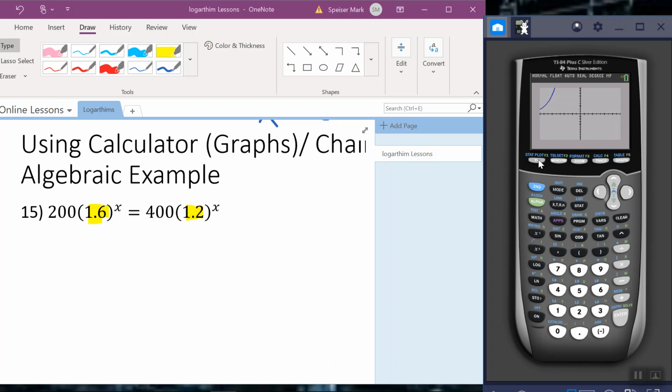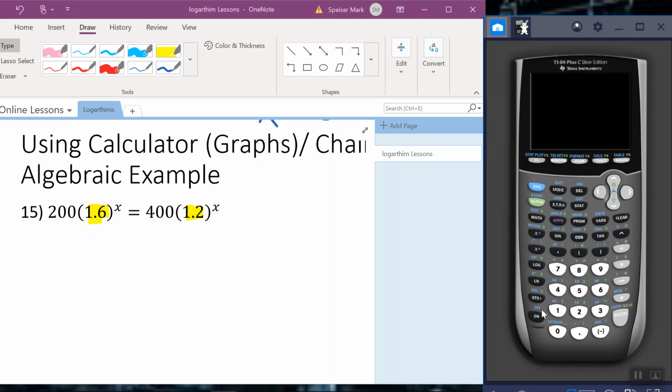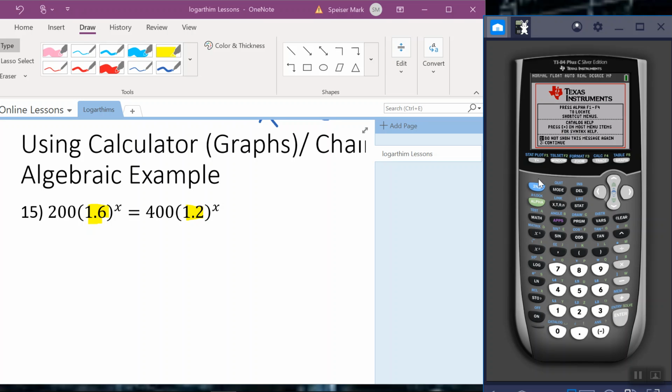Still loading. Turn it back on. Something weird happened there. You don't even see both graphs, because graphing doesn't help much in this case.